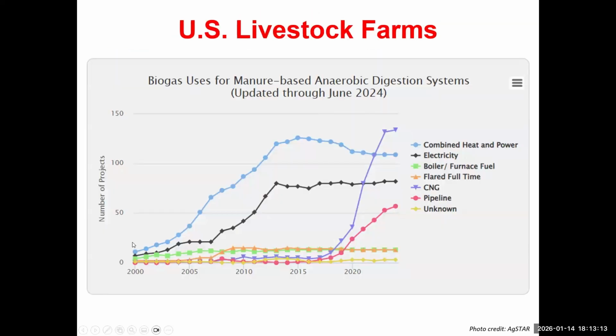When you think about biogas production, you can see from this particular graph that there are multiple ways that the biogas can be used. We're going to focus on those manure-based anaerobic digestion systems. You can see that the most common use of biogas is compressed natural gas, the gas that can be sold as vehicle fuel, followed by combined heat and power and electricity generation.